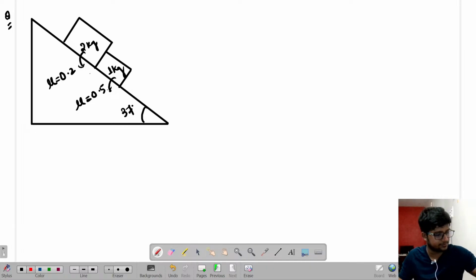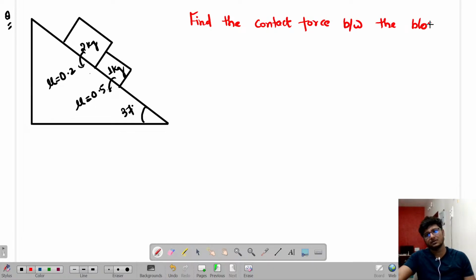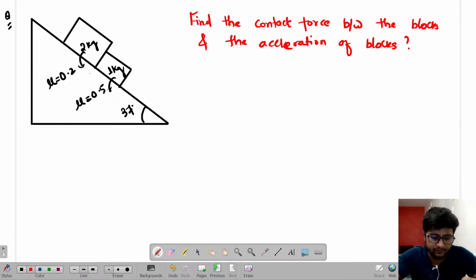Find the contact force between the blocks and the acceleration of blocks. Okay, do it fast.